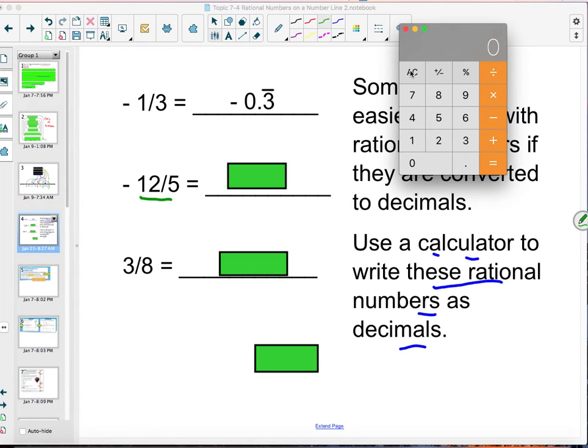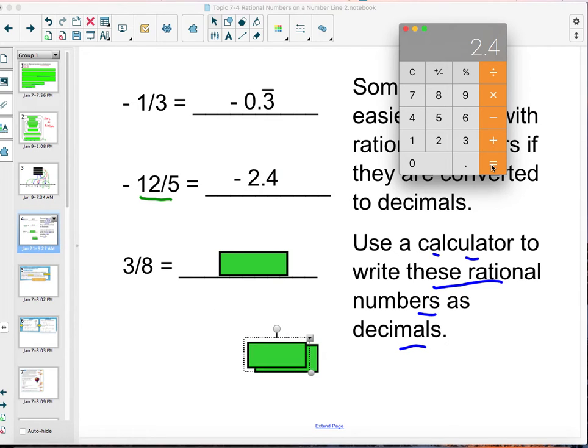Negative 12 fifths. Let's put that into the calculator and do 12 divided by 5. Elijah? 2.4. Yep, 2.4. So that would be converted over to a negative 2 4/10.